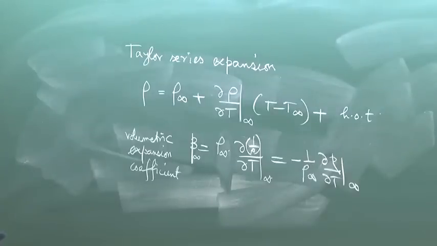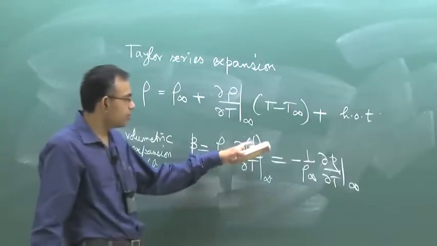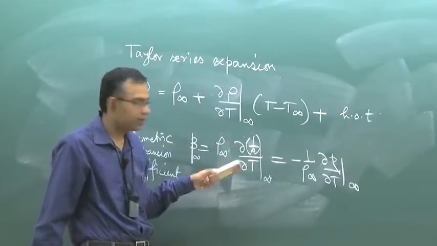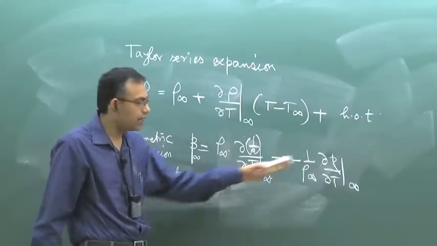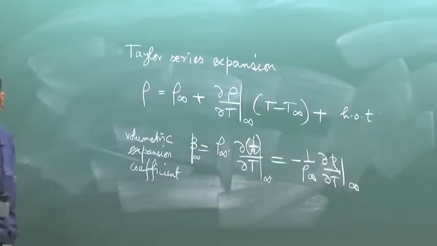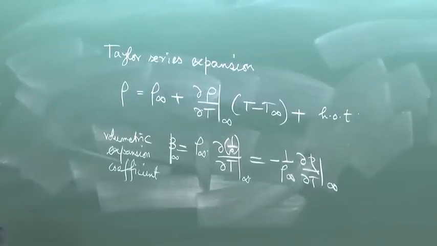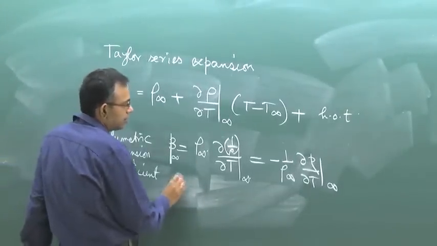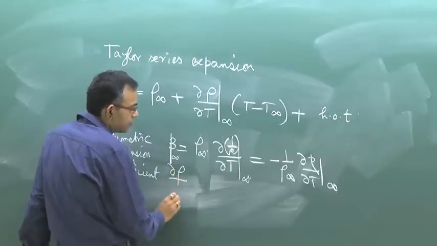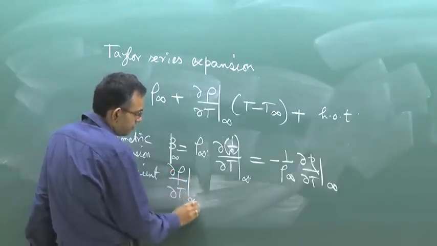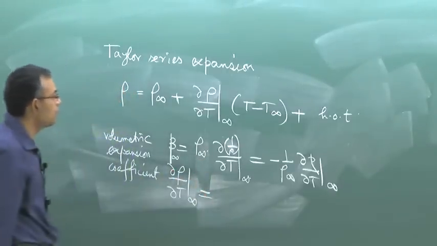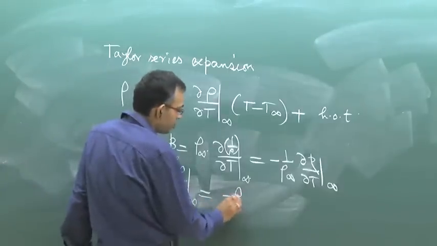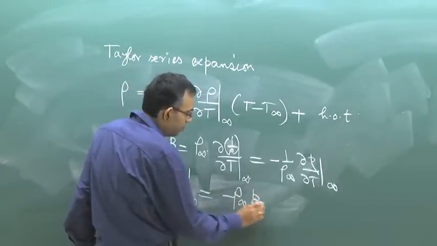So d of 1 by rho will become minus 1 by rho square, so that minus 1 by rho square will come here. So instead of del rho del T at infinity we can write minus rho infinity beta infinity.